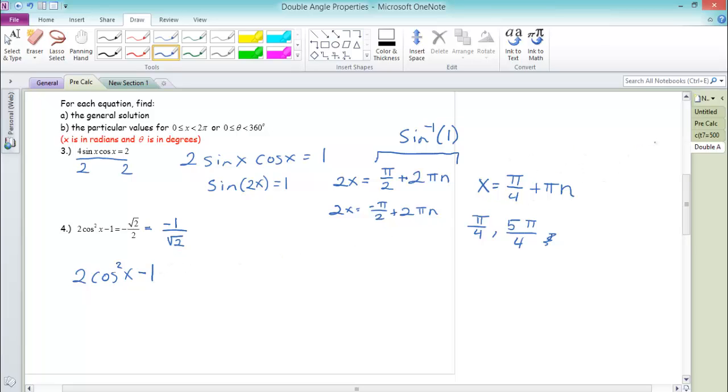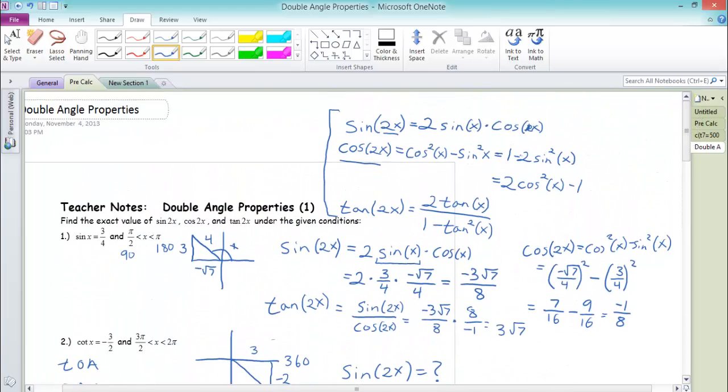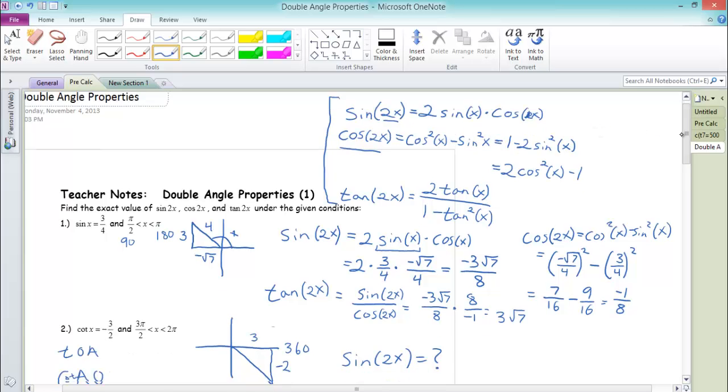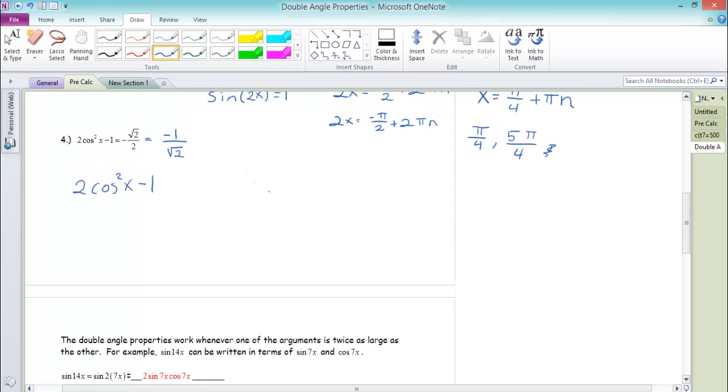I notice that this looks a whole lot like the cosine of 2x, that third formula. So the cosine of 2x is equal to negative 1 over root 2.